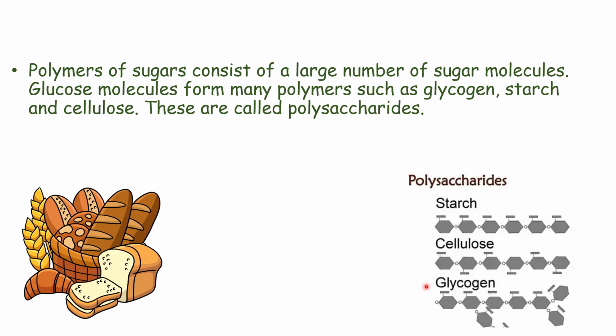When you eat a lot of food, your digestive system turns the carbohydrates into glucose sugar, and they are released into the blood. If the sugar is in excess in the blood, the liver changes glucose sugar into glycogen and stores it.